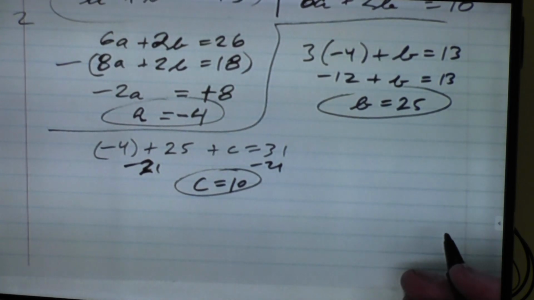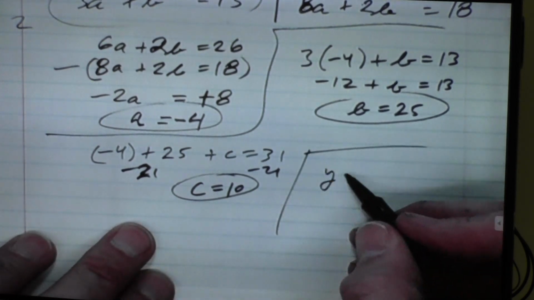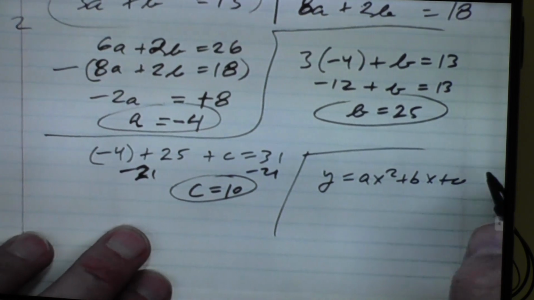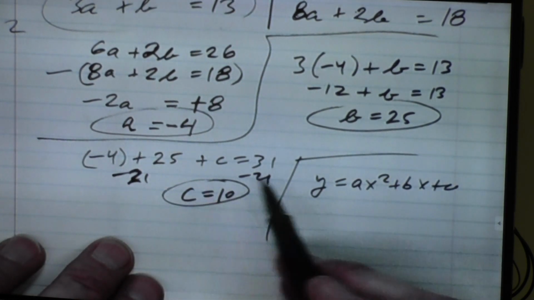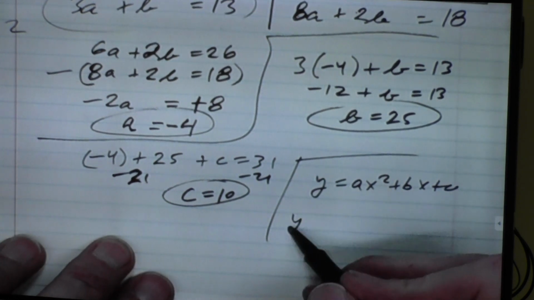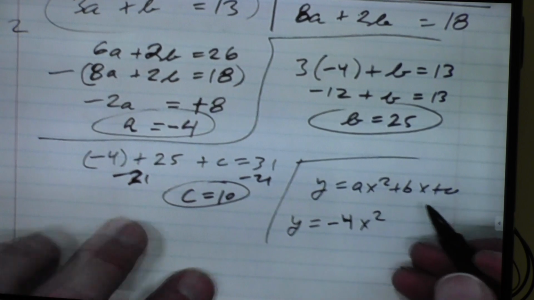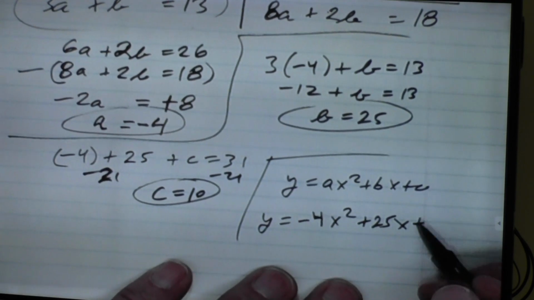And this is where you put them back in with the y equals ax squared, because what we're trying to do is y equals ax squared plus bx plus c. We now know the a to go here, the b that goes here, the c that goes there. Y equals negative 4x squared plus 25x plus 10.